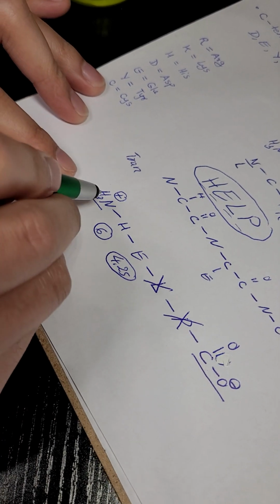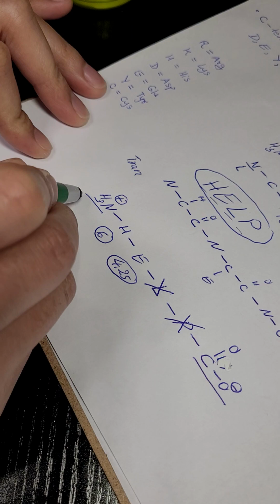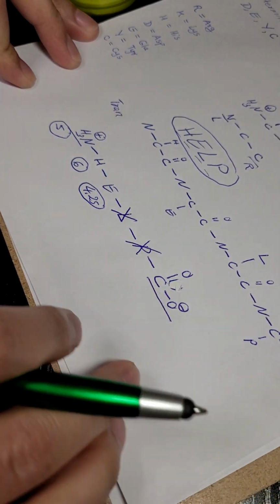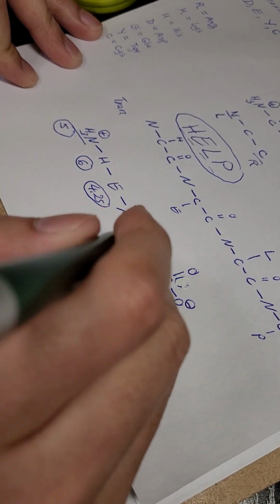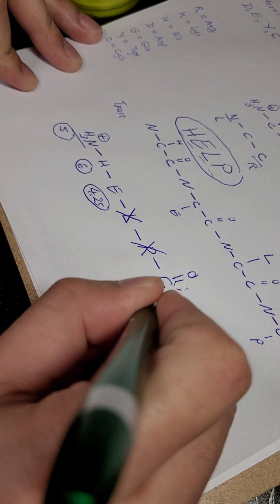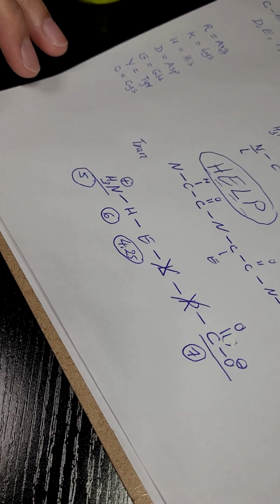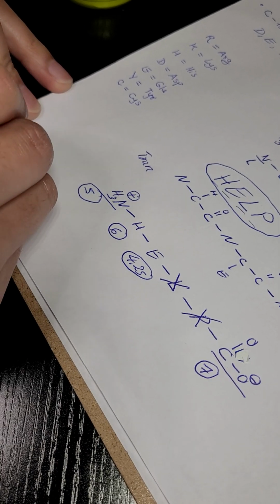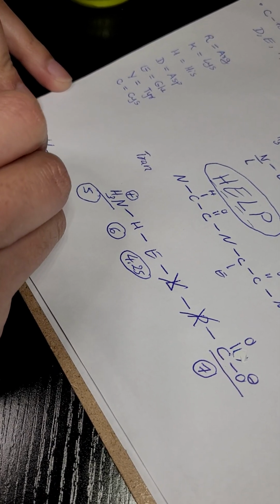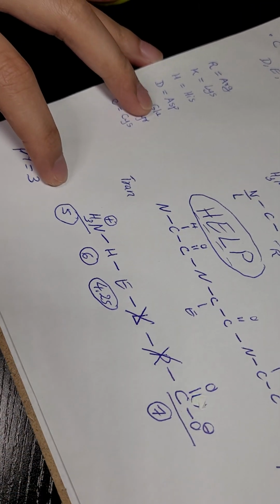For example, I gave NH3 is 5, negative charge for C terminus is 7. It's just an example, it's not exact. And in the exam, I give you a pH of 3.